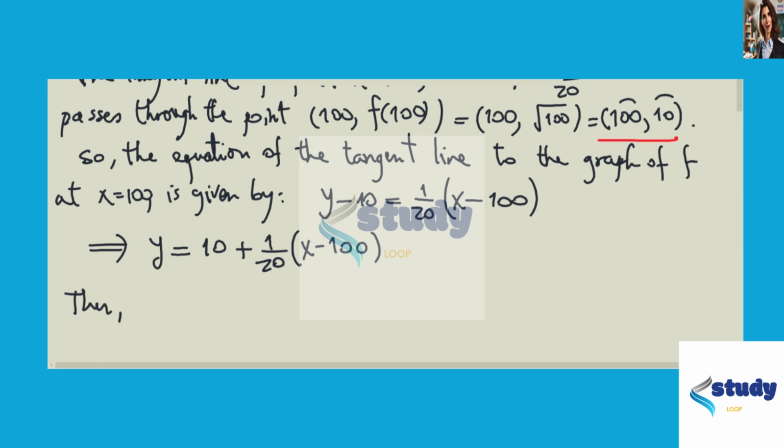Then we can say that the square root of x, that is the function, is approximately equal to its tangent line for x relatively close to 100.